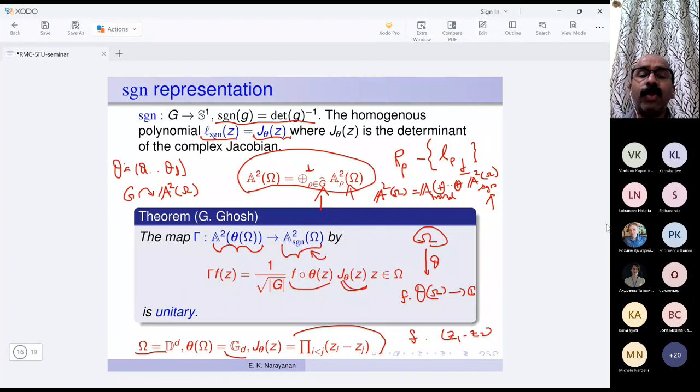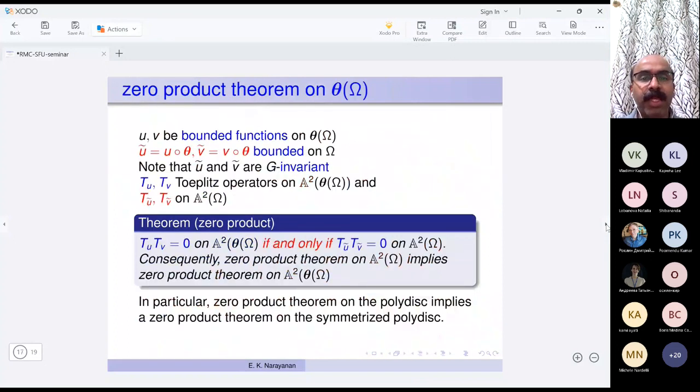See, f pulls back to omega as a symmetric function, right? Because if you are already on the symmetrized bidisk, the functions there when pulled back to the bidisk will be symmetric, and I'm multiplying by z1 minus z2, so that becomes antisymmetric. So it goes to the sign representation. Okay, so I hope this is clear because this is important for us.